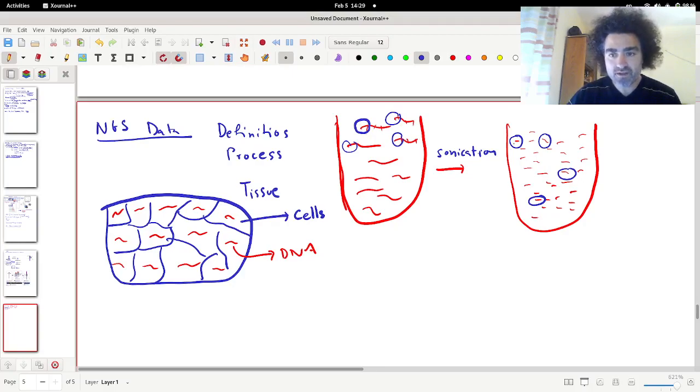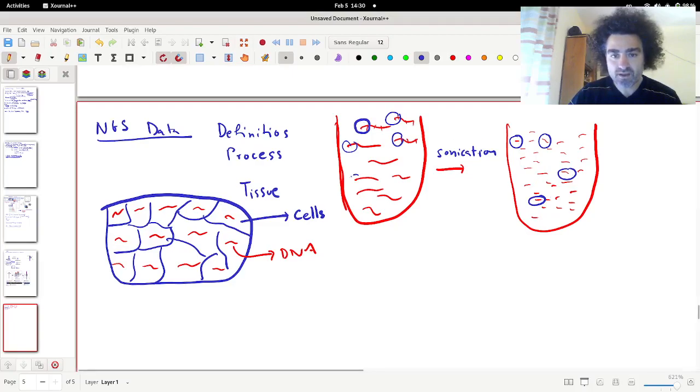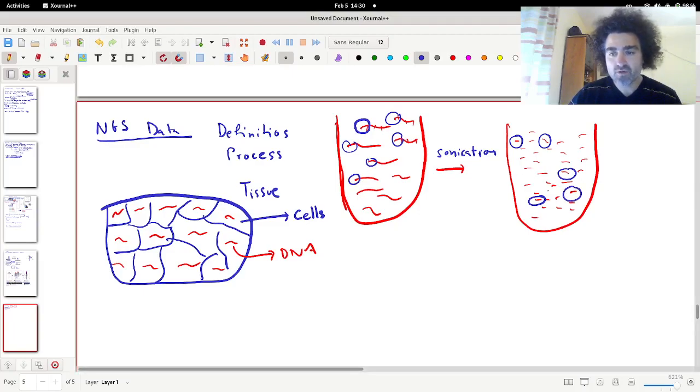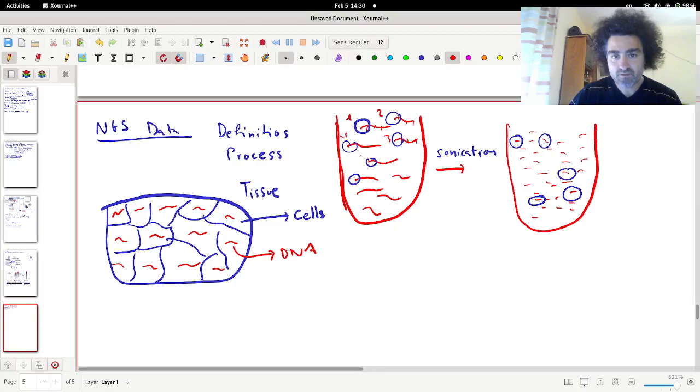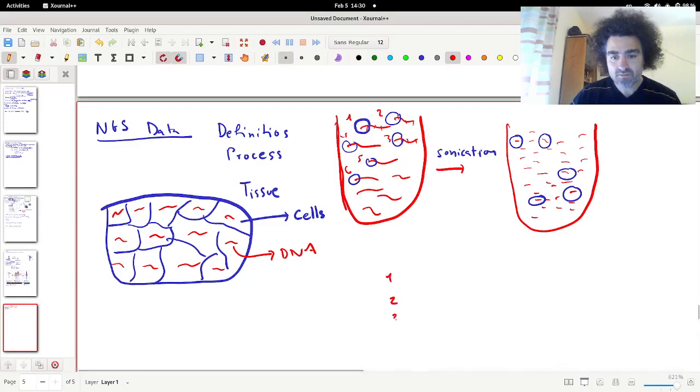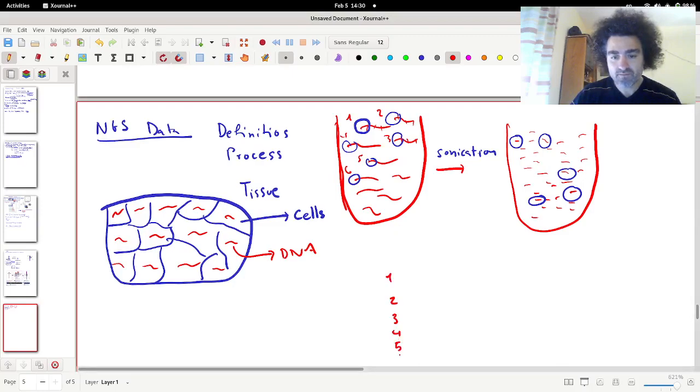And the other thing to understand here is that these pieces of DNA that correspond here to the left end of the chromosome don't have exactly the same length. So if I magnify this image here, let's put some numbers here, 1, 2, 3, 4, 5, 6.